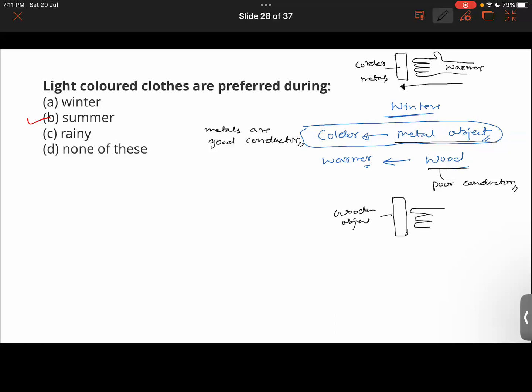If we touch that wooden object, our hand won't feel colder. Why? Because it's a poor conductor, an insulator that does not allow heat to pass across its particles. That is the reason our hand feels warmer while touching this wooden object. Not specifically warmer, but we won't be feeling colder either.